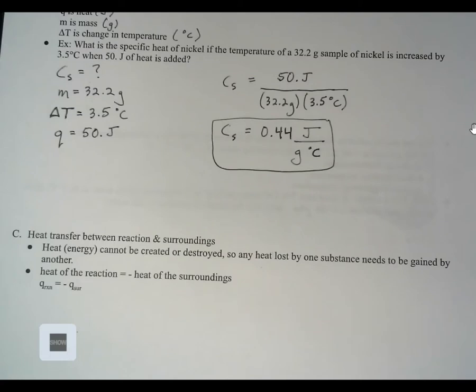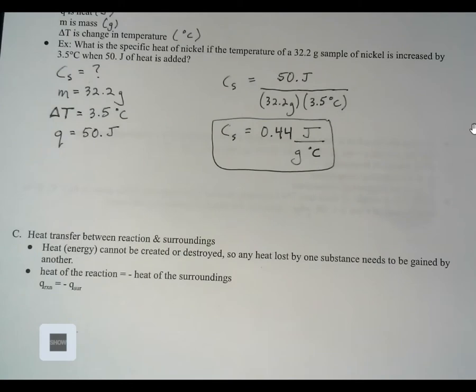Your body, the surroundings of the reaction. It's pulling some from the air, some from your body, whatever, but it's absorbing it from the surroundings. So the heat that the cold pack is gaining has to come from somewhere. It has to come from the surroundings. So whatever the cold pack gains, the surroundings have to lose.